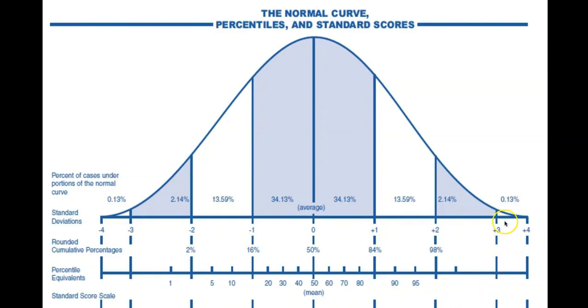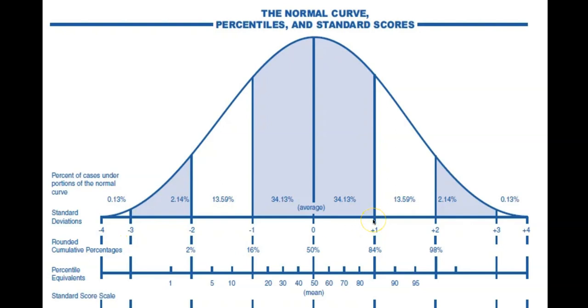We're only going to go out to 3. The person at +3, remember we said, gets a 145, or +3 standard deviations. I'm sorry. And then down, right? -1 gets an 85. -2 gets a 70 on the test. -3 gets a 55, right?